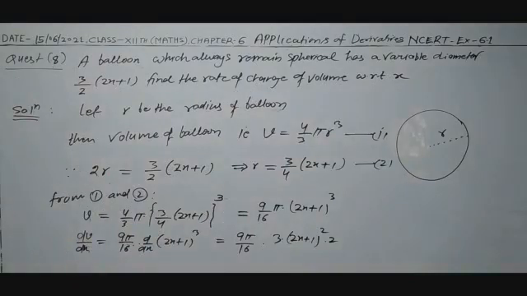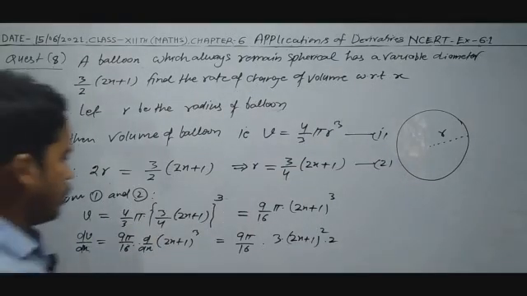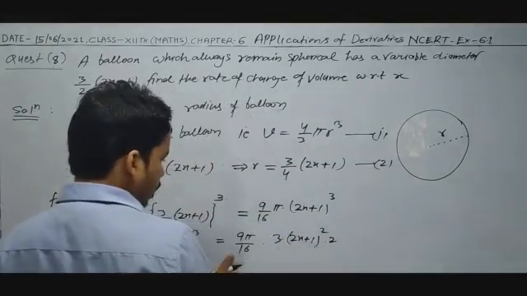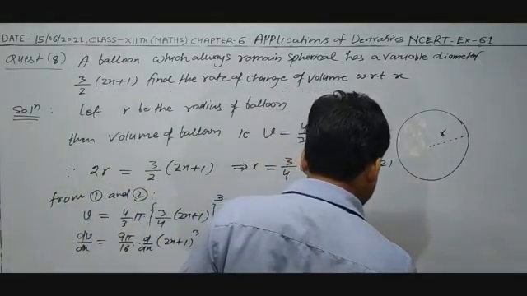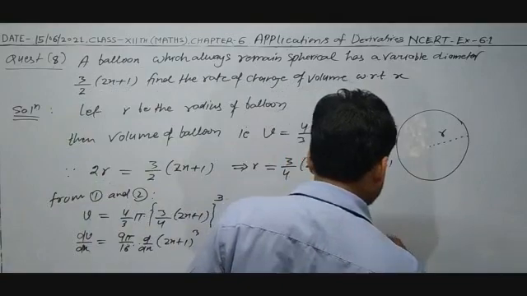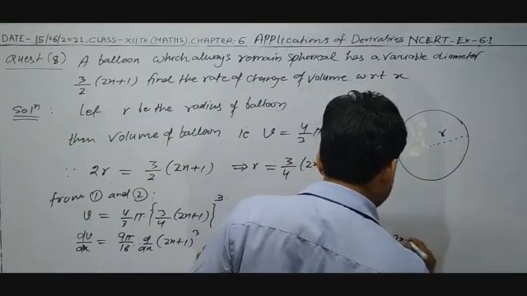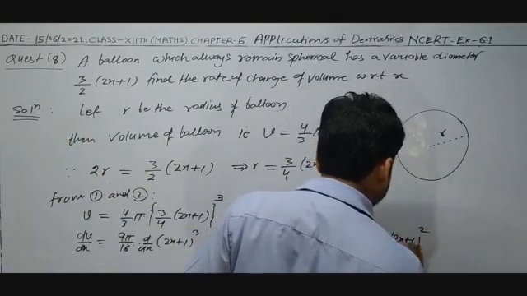So 9 3s are 27, 2 cancels out from 16, and the result will be 27 by 8 pi with (2x plus 1) power 2.